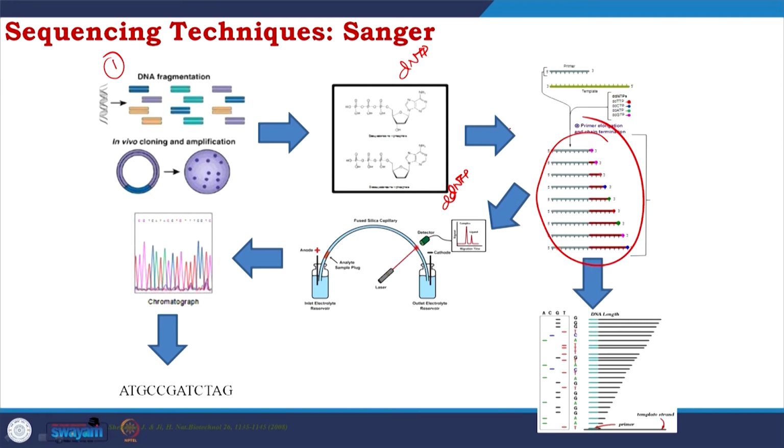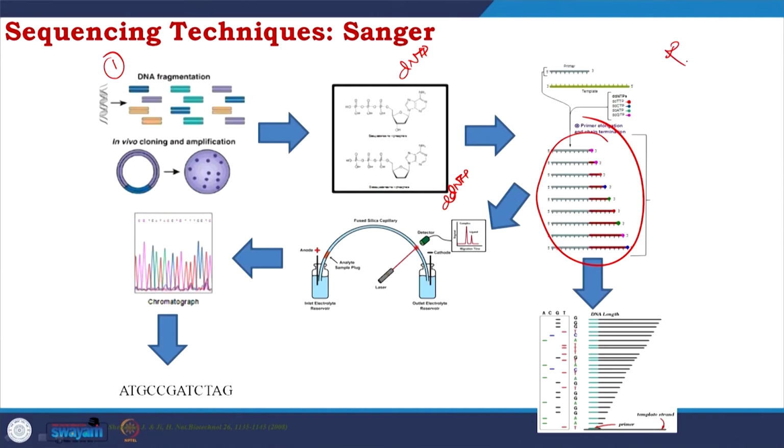At the initial stage, the fragments were measured by radio label, but with time fluorescence label came, which was followed by capillary electrophoresis. Before, you ran big gel plates, agarose gels.